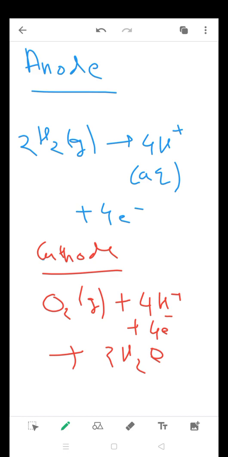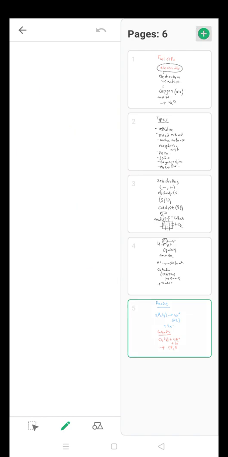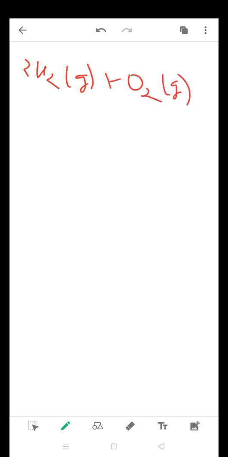So the overall reaction, if we add up these two reactions, is 2H2(g) plus O2 in the gaseous state, giving rise to water. You can see that there are no electrons produced here.